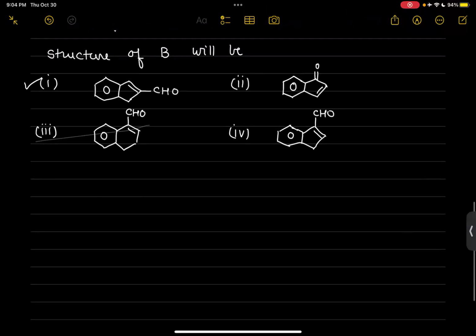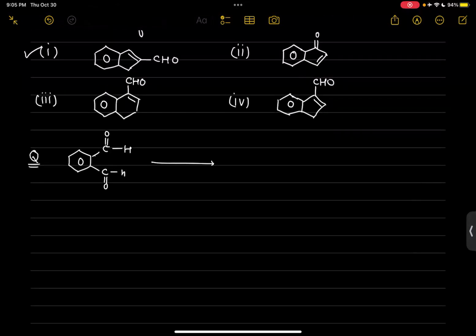Let's say in the next example, which is also a very famous question being asked at a lot of places, I take two aldehydes, or I can write them in this way. Do any one of them possess alpha hydrogen? Any of the aldehydes?